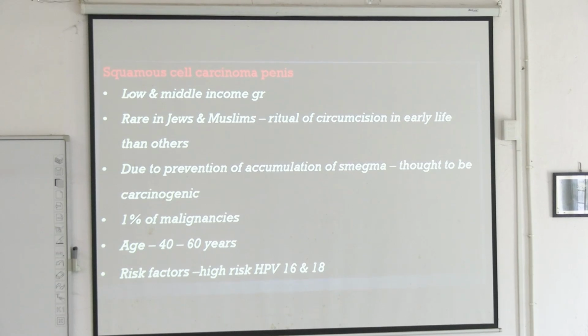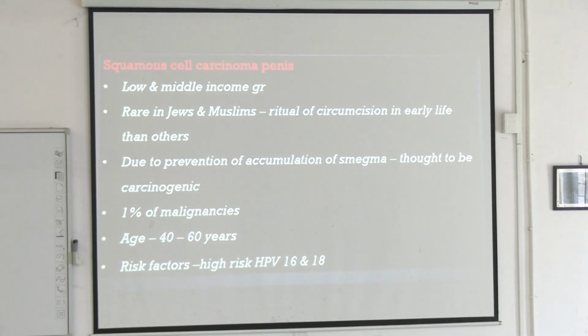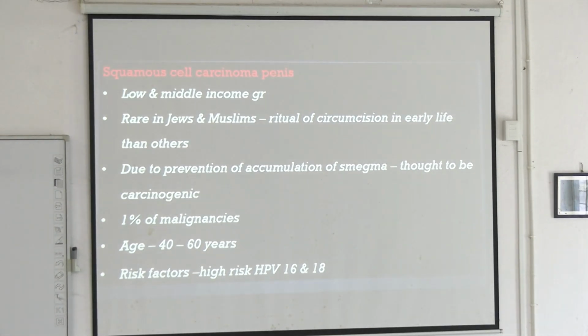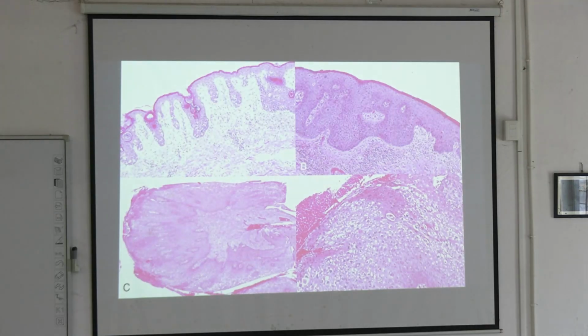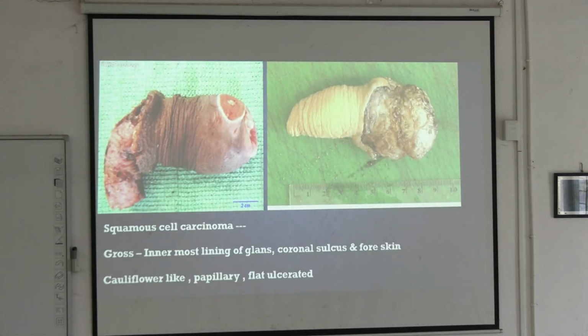1% malignancy. Elderly people have high risk, that is HPV 18, E6 and E7, giving rise to pre-invasive to invasive disease. This is the dysplastic change. This is a full dysplastic change without invasion, but here the dysplastic change goes beyond, down deeper.